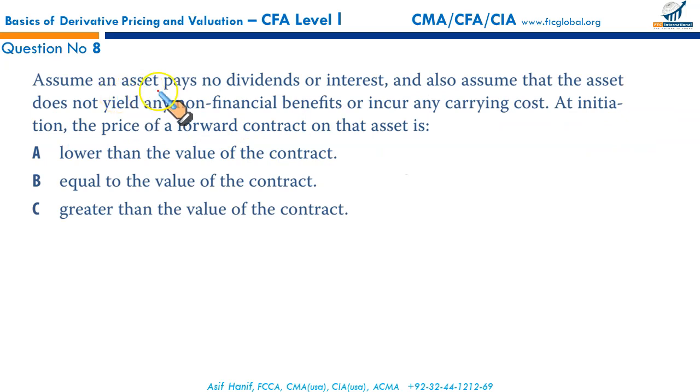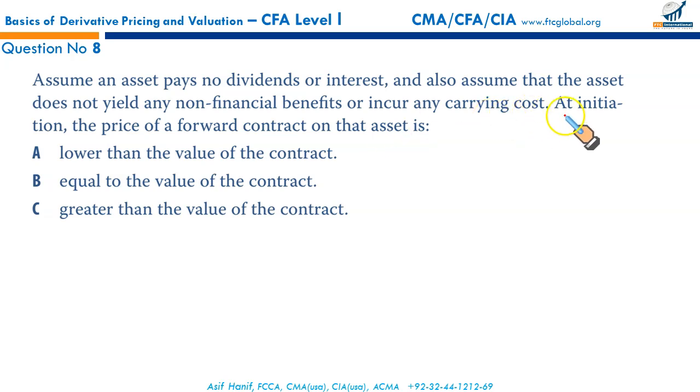Next, assume an asset pays no dividend or interest, and also assume that the asset does not yield any non-financial benefits or incur any carrying cost. So at initiation, the price of a forward contract on that asset is, as we just discussed in the previous question, fixed at the initiation, whereas the value of the forward contract is 0 at initiation.